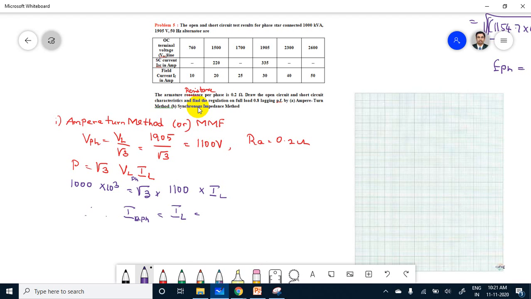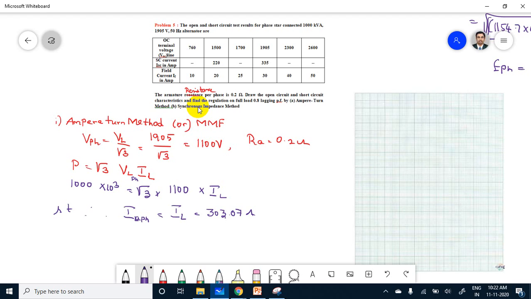From this I got 303.05. Please check. A student says it is 524.86. Wait, one second, I will check it. 1000 into 10 power 3 divided by root 3 into 1905.